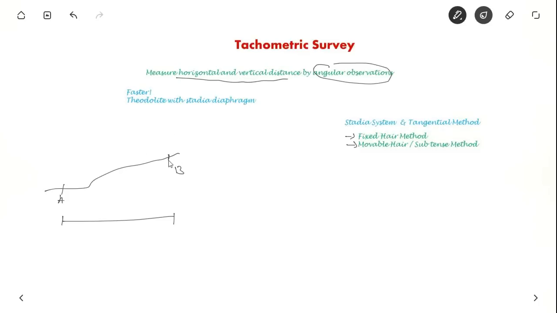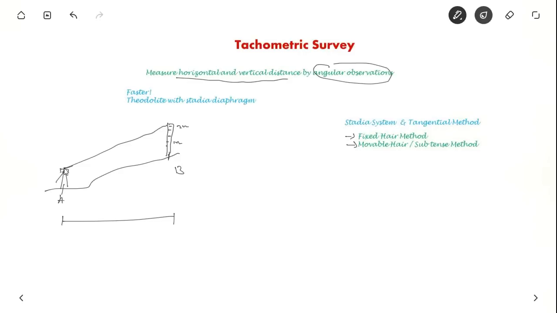So what you do is you keep a staff. You might know what a staff is. Staff is with particular readings. So here you will have 1 meter mark, here you will have 2 meter mark and so on. And here you place the theodolite with stadia diaphragm. From here you try to sight these points.